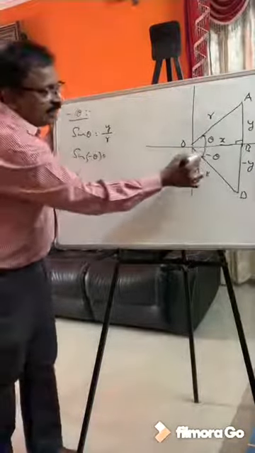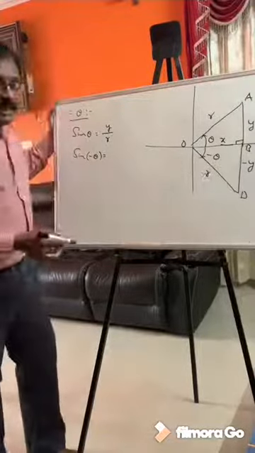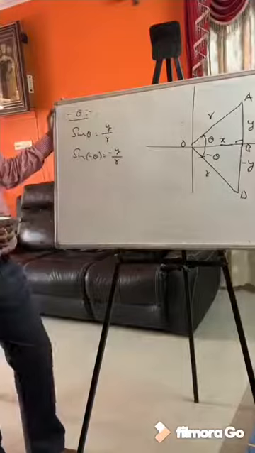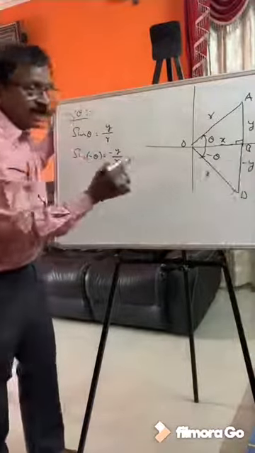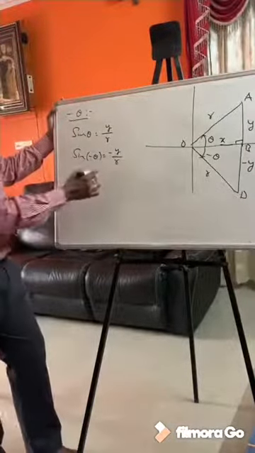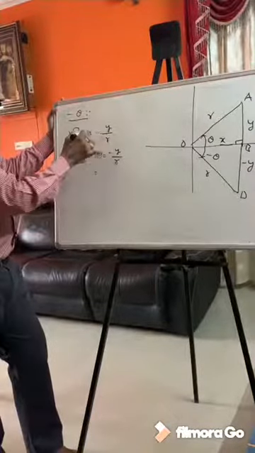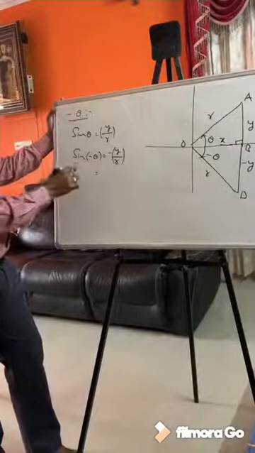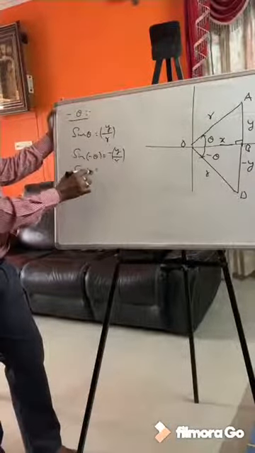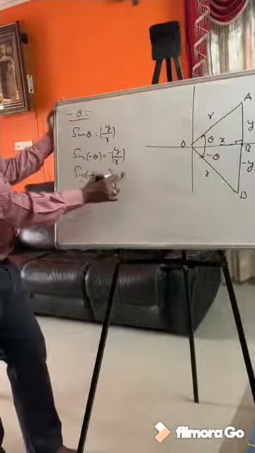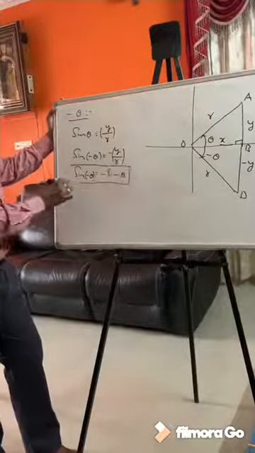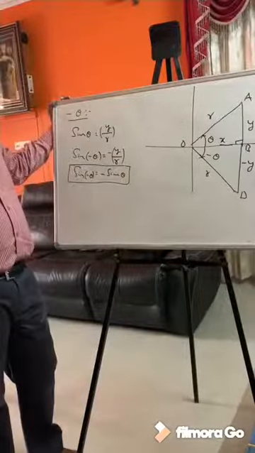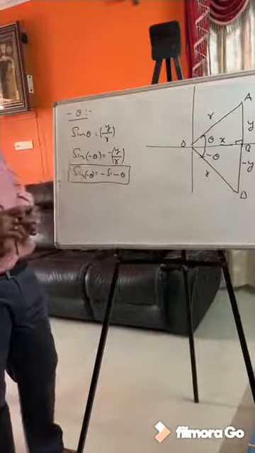Taking sine for this, opposite side by hypotenuse, minus y by r. Can you tell me what is y by r? Sine theta. So sine minus theta is equal to minus sine theta. One formula is created here.